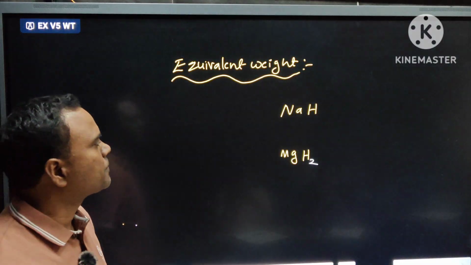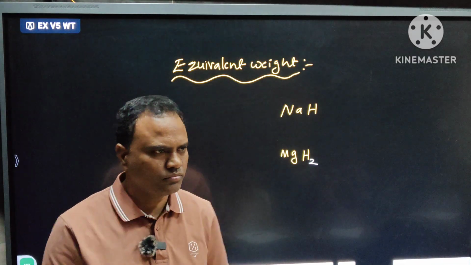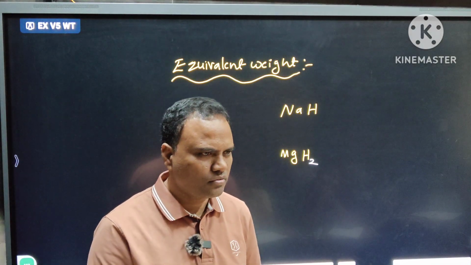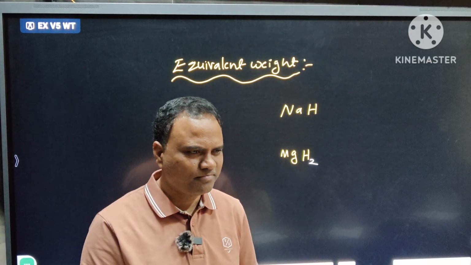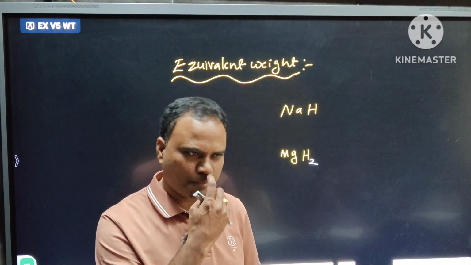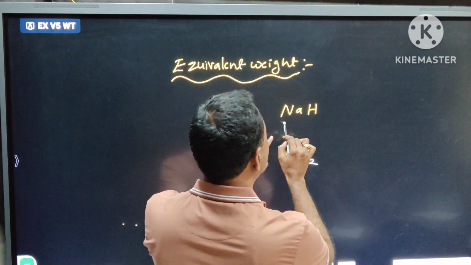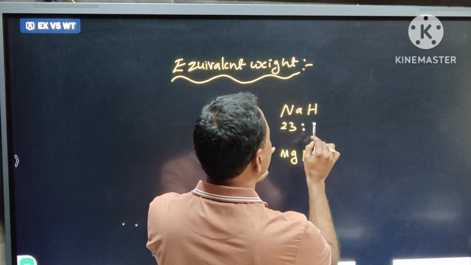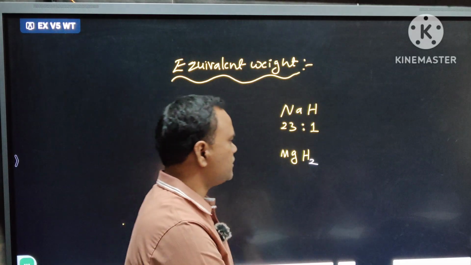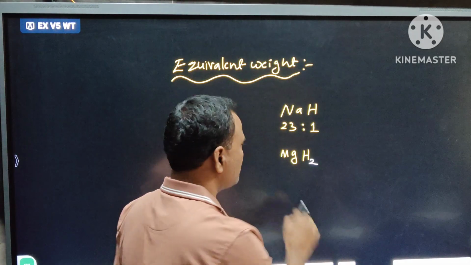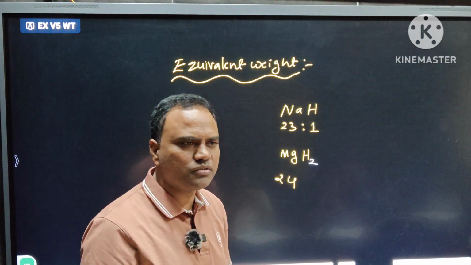Sodium hydride, magnesium hydride. You know atomic weights, basics? Yes or no? What is the sodium atomic weight? 23. Hydrogen atomic weight? 1. 23 grams of sodium is combining with 1 gram of hydrogen. What is the atomic weight of magnesium? 24. In this compound, what is the weight of hydrogen?